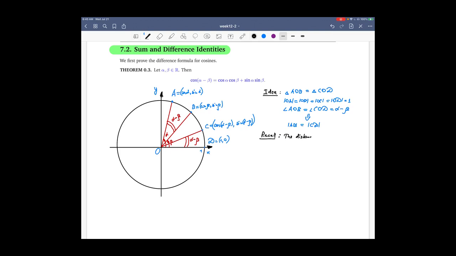The distance between points is given by the square root of the sum of squares of differences of first coordinates and second coordinates.